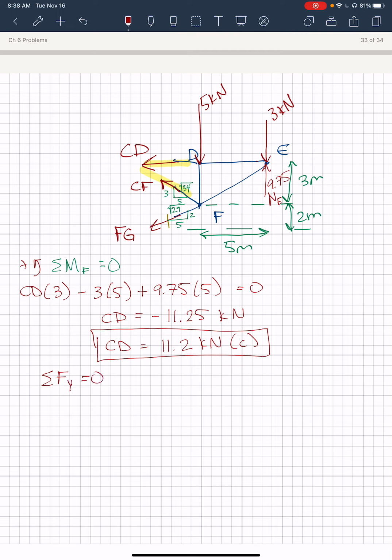The 5 kilonewton force is pointing down, so minus 5, minus 3, that's at E, plus 9.75. Then plus that y component of CF, so 3 over the square root of 34 CF, and then minus that y component of FG, so 2 over the square root of 29 FG.